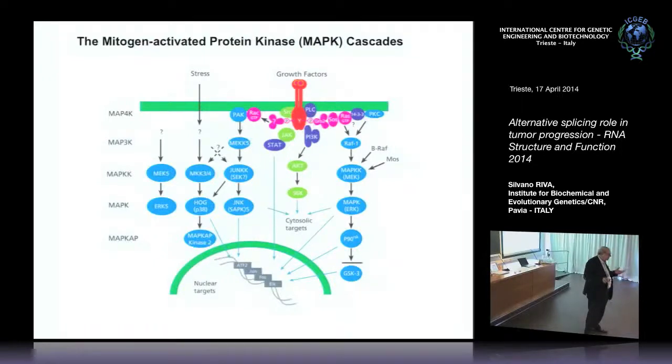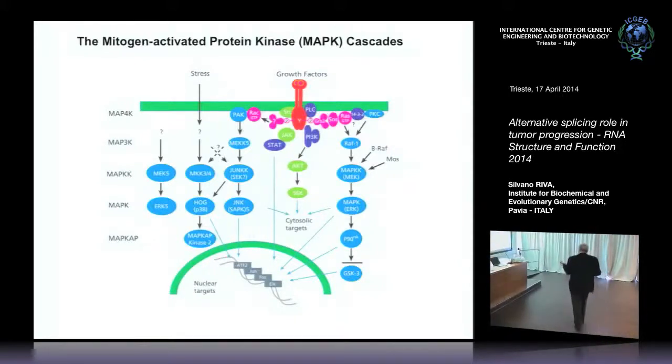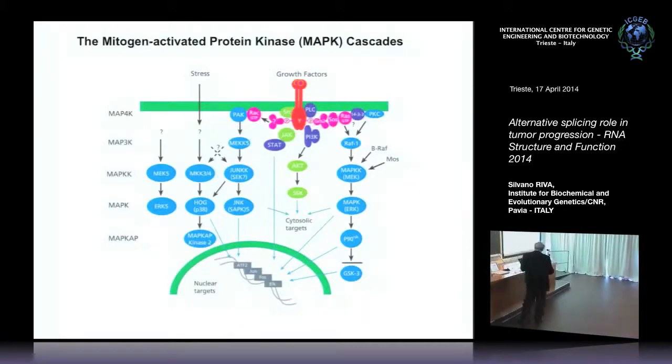There are growth factors, cytokines, other things. And it is known that all these factors exert their effect by activating protein kinases. Okay? And in particular, this pathway, the mitogen-activated protein kinase cascade, in particular the ERK kinase.